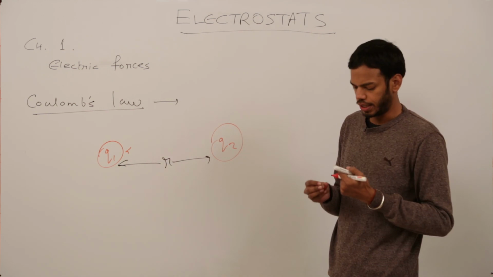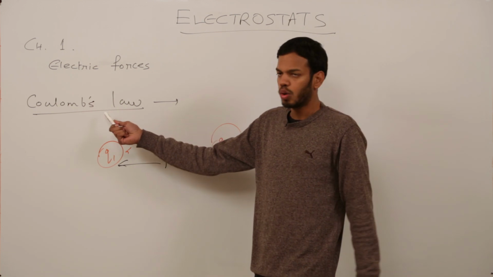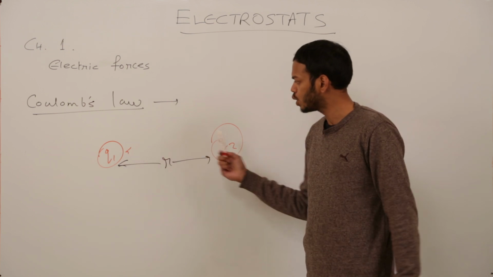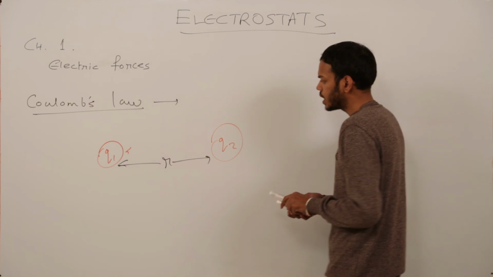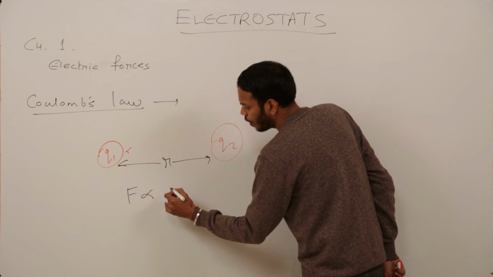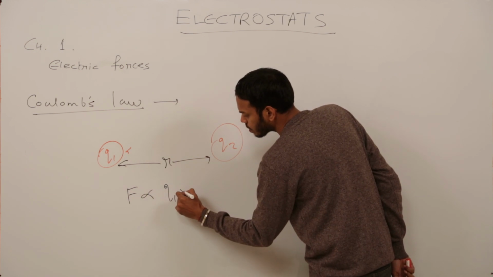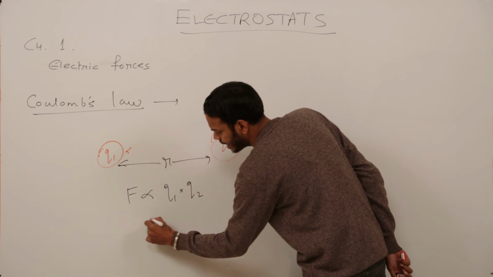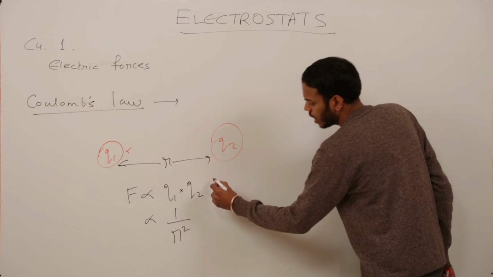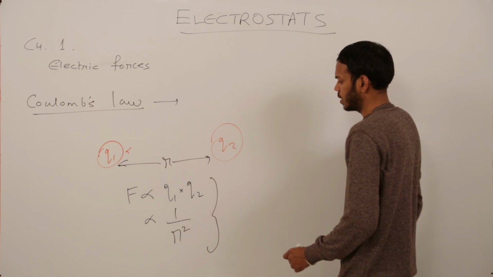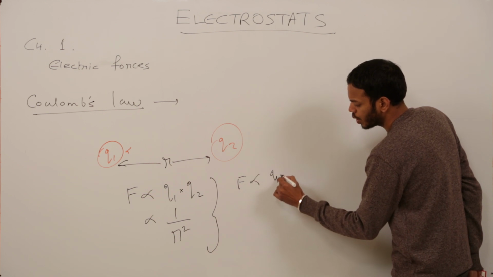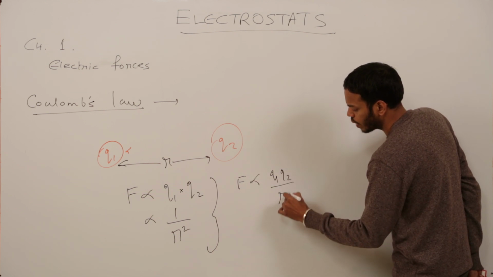So according to the definition, Coulomb's law states that the force of interaction between any two charges is directly proportional to the product of these charges and inversely proportional to the square of the distance between them. If I accumulate these two factors, force is proportional to Q1 Q2 upon r square.